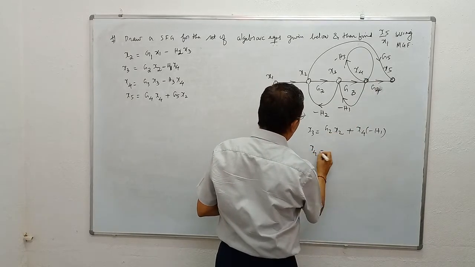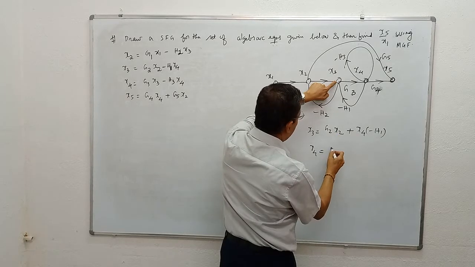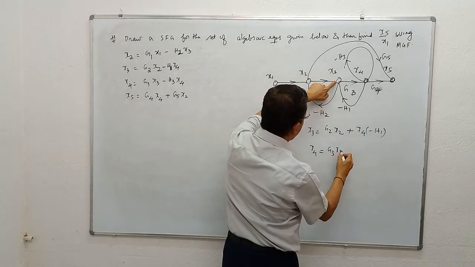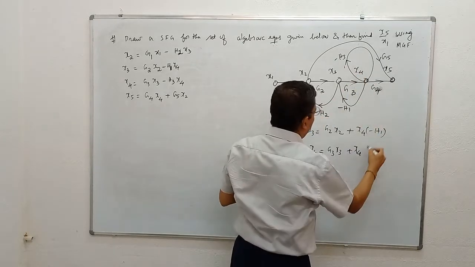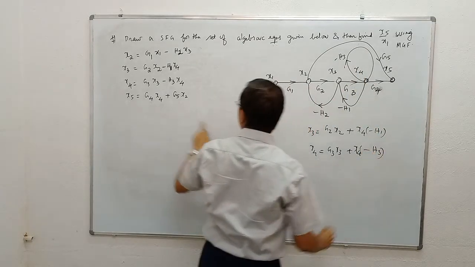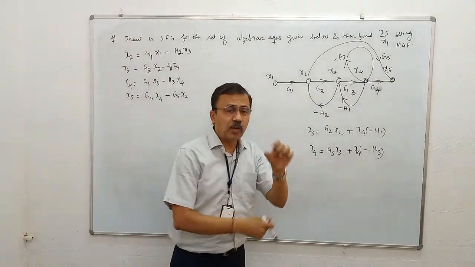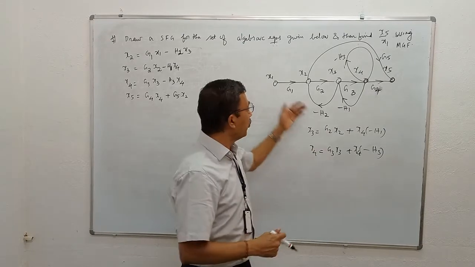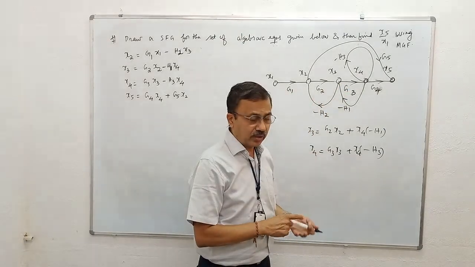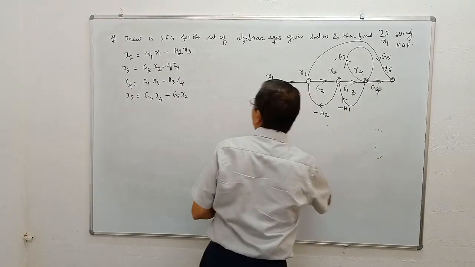At node x4, two signals are entering, which are g3 into x3, plus x4 multiplied by minus h3. Nothing but this equation. So each node represents a variable, and that variable is equal to the sum of the signals entering that node. Don't worry about the signals that leave the node. This is the concept. Now I have written the signal flow graph.